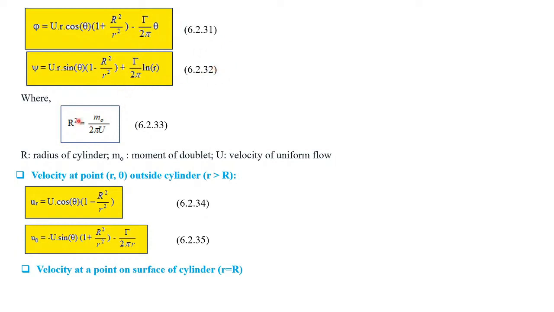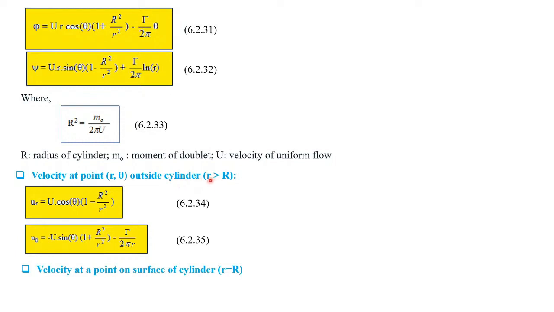Here, R is the radius of the cylinder, which can be calculated by this formula, and M0 here is the moment or intensity of the doublet, and U is the velocity of the uniform flow. Now we would like to find the velocity of the fluid flow at a point (r, theta) outside the cylinder.